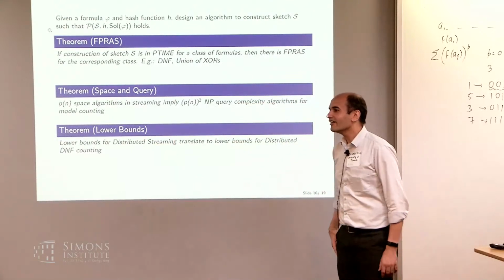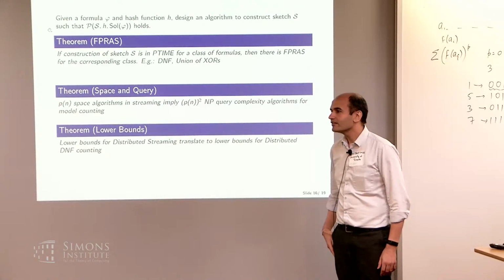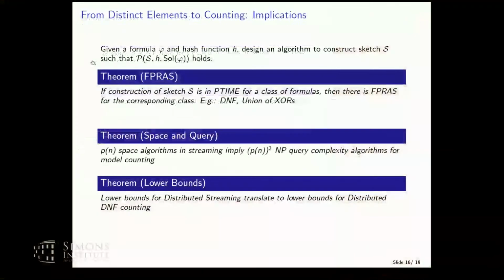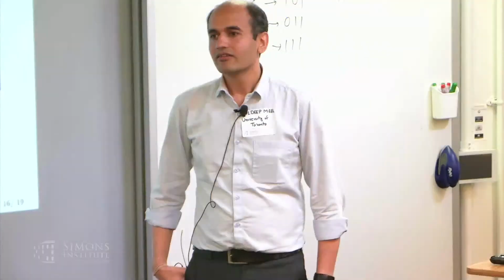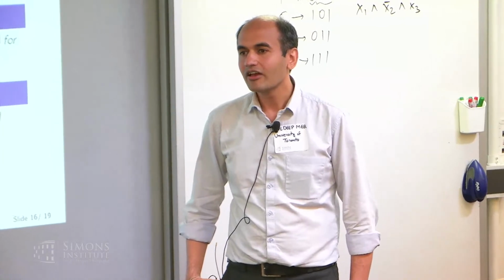Maybe, yeah, thanks for a very nice talk. Playing on your practicality question at the end: in practice, F0 estimation is typically done by HyperLogLog or something like that. Now, is there a corresponding version of HyperLogLog in model counting?